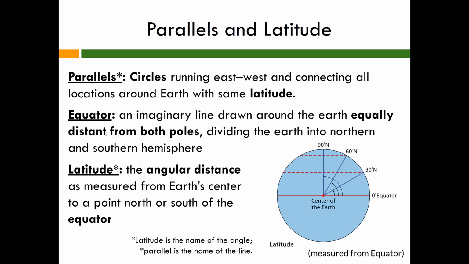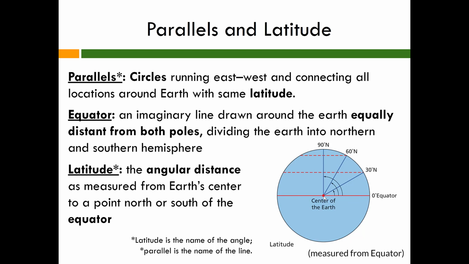We use parallels to define our latitude. Parallel circles run east and west, with the same latitude. The equator is an imaginary parallel, an imagined circle across the center of the Earth, right through the center of the Earth.